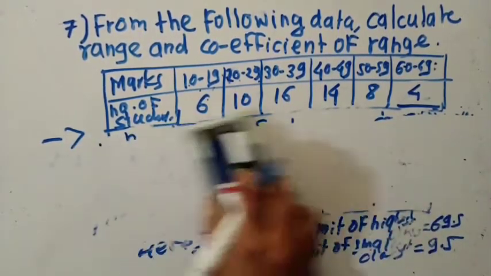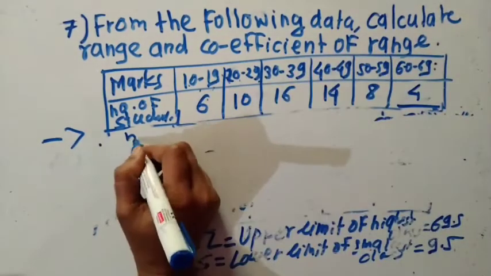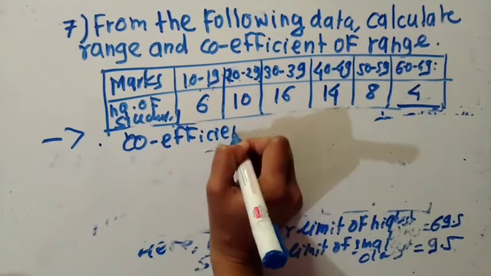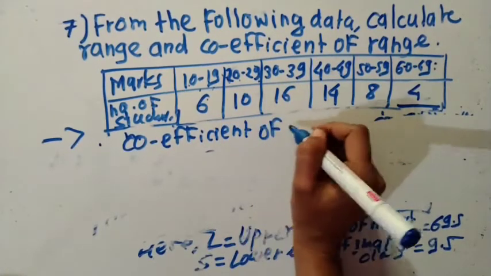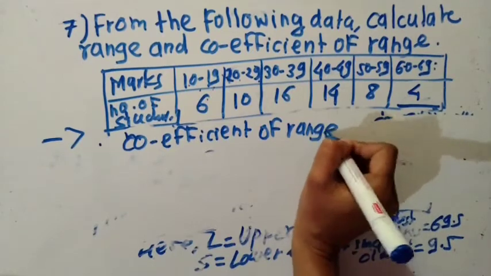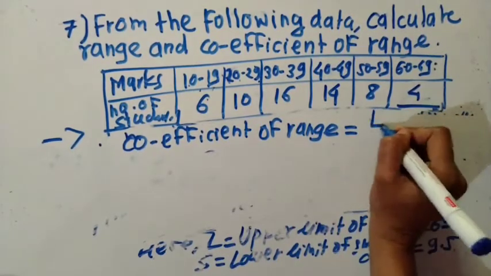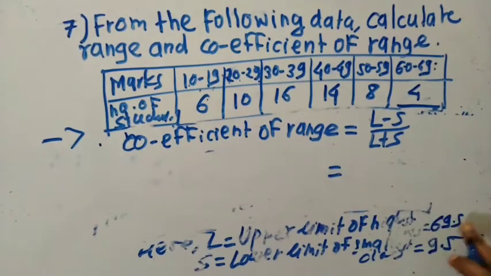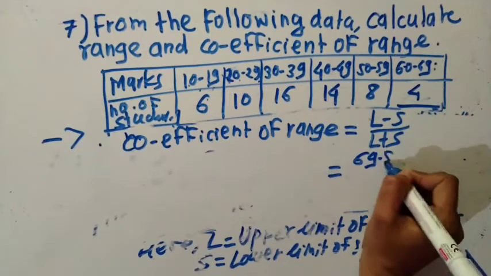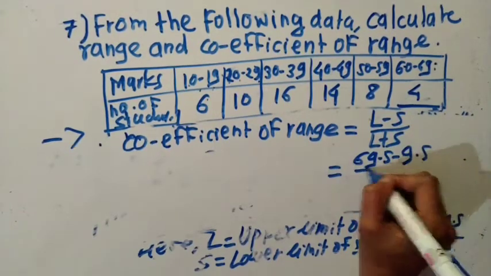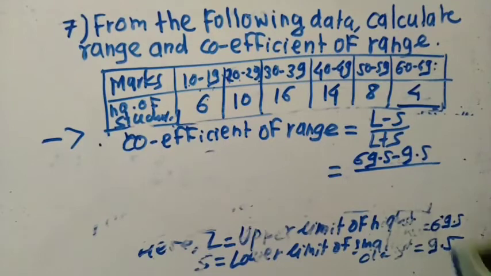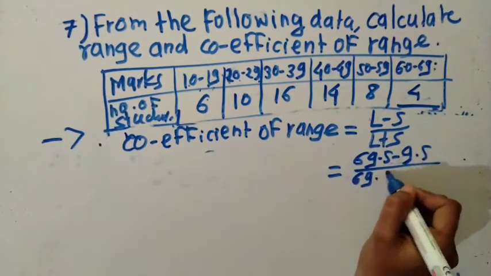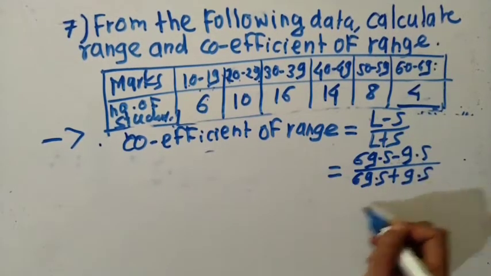Then we find out second coefficient of range. Hence coefficient of range is equal to L minus S upon L plus S is equal to 69.5 minus 9.5 and L plus S means 69.5 plus 9.5.